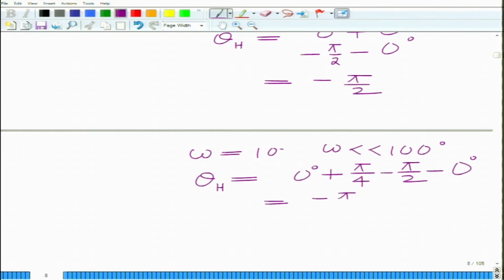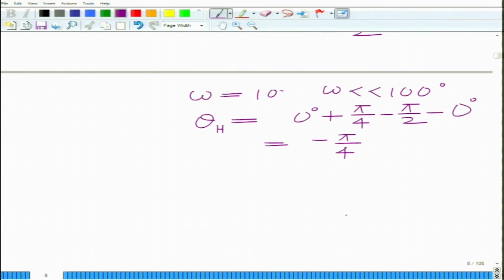So, this is minus pi by 4, and this is for omega equal to 10.